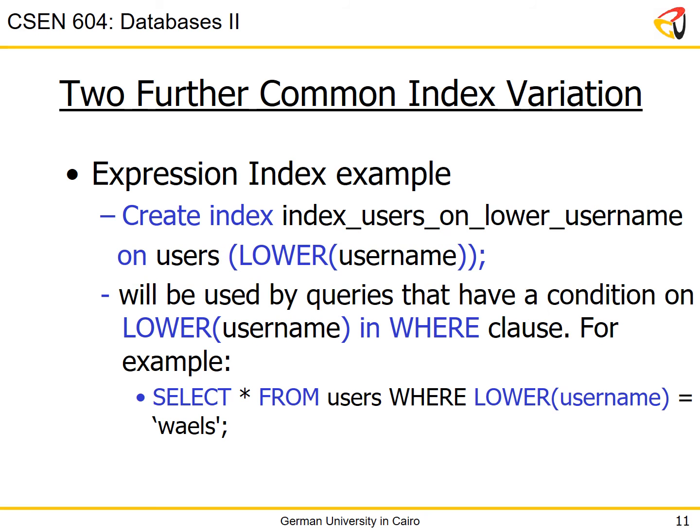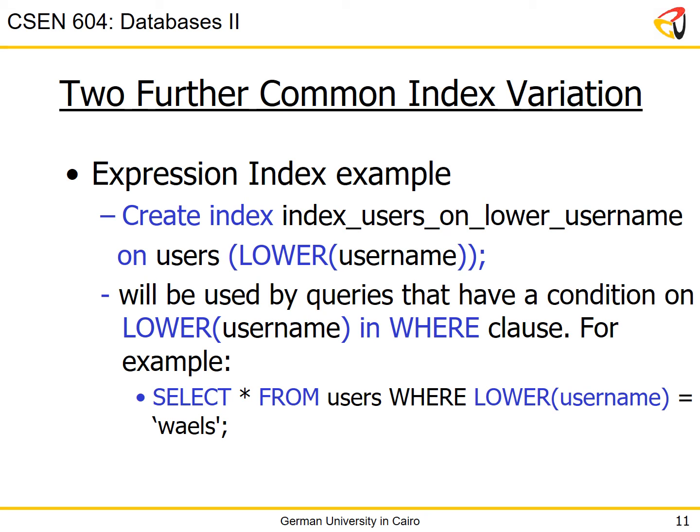So here are some examples. Let's look at the first one. It says create index users on lower(username). That's the name of the index on the users table, and then the expression is lower. I'm calling the lower function. So this is an expression. Calling a function basically constitutes a valid expression. And I pass it the username column in the users table.